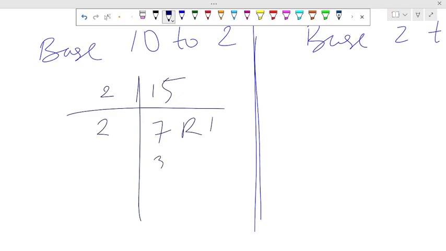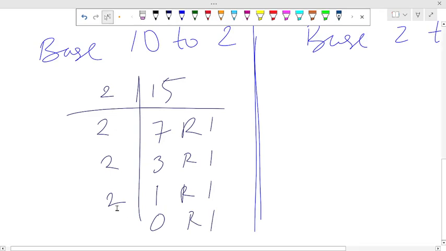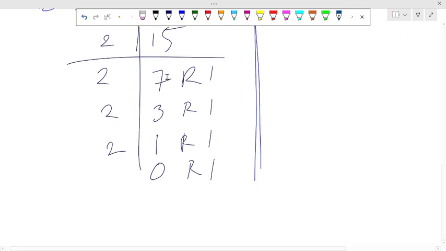2 divided into 7 gives you 3, remainder 1. 2 divided into 3 gives you 1, remainder 1. 2 into 1, you cannot, so you put 0, remainder 1. 2 goes into 1 zero times, and this will be the remainder. Since we now have 0, you stop here.